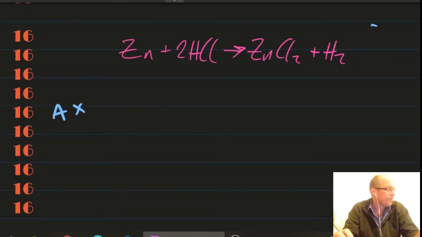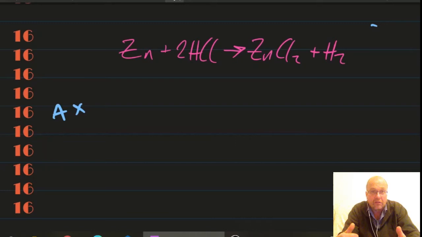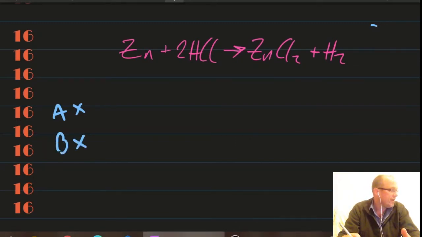So A is wrong. B, if I decrease the temperature, well, there's two effects of decreasing the temperature, both of which slow down a reaction. There's less collisions per unit time, and there's less energy. So there's less chance of a collision having energy greater than activation energy. So B, don't work.